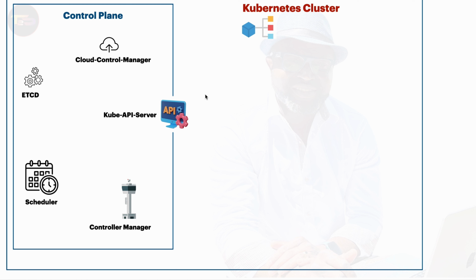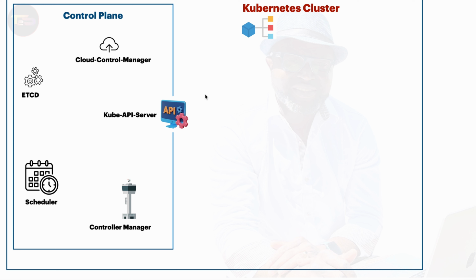And then the scheduler, when the controller manager finds out that based on the manifest, or the state in which you want all of the components of your cluster to be in, something is missing, then the controller manager will talk to the control plane saying, hey, something is missing.